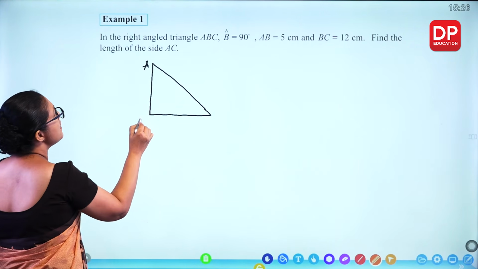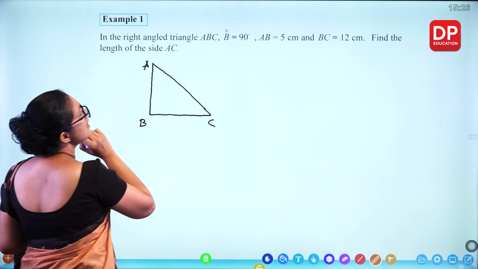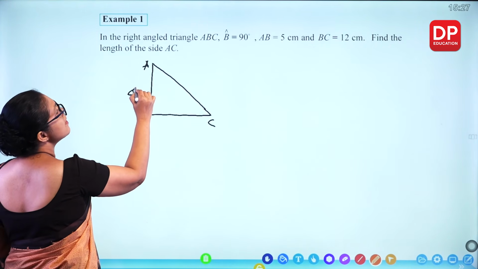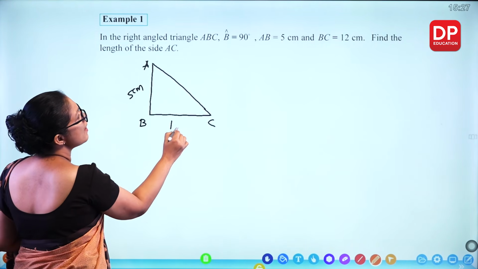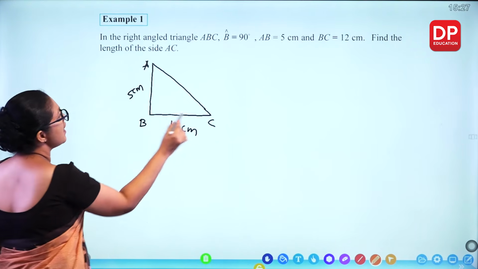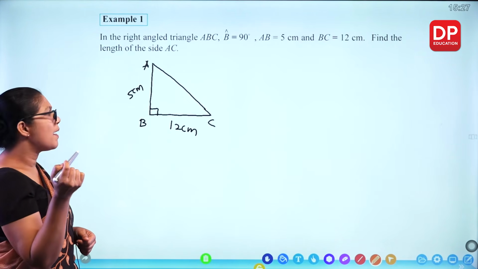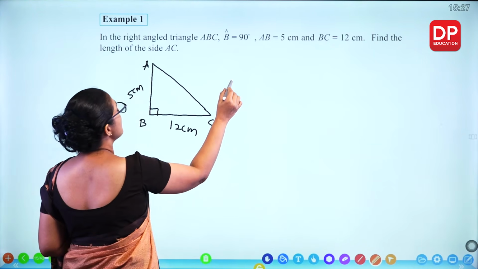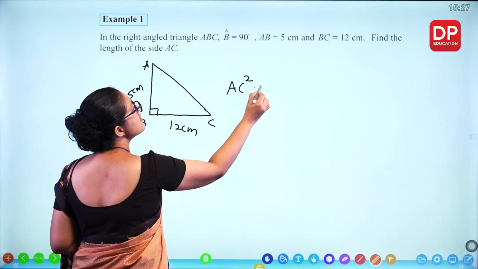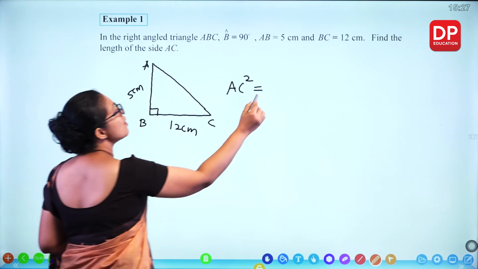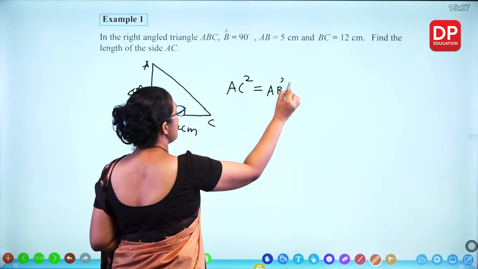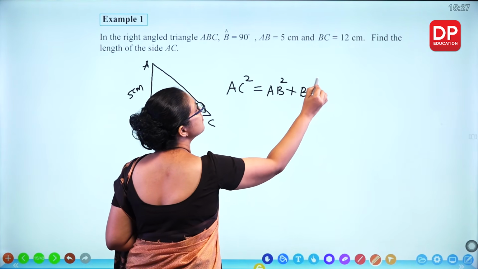A, B, C, AB is 5, BC is 12, and you are asked to find AC. And this is a right angle, so you can use Pythagoras theorem. AC squared is equal to AB squared plus BC squared.